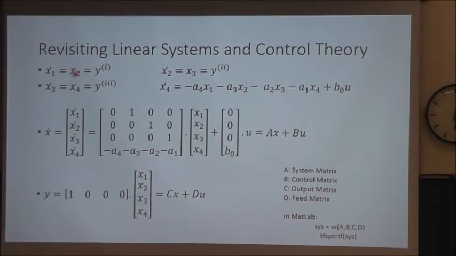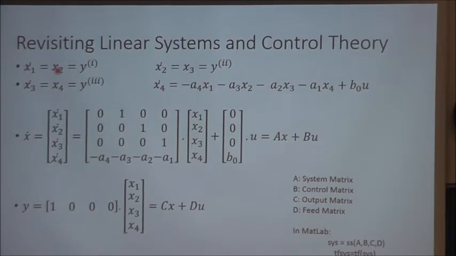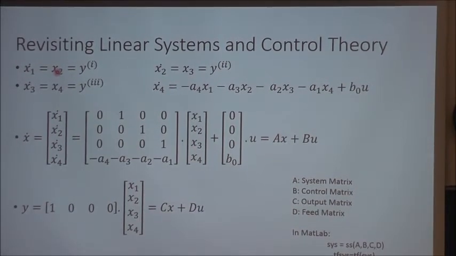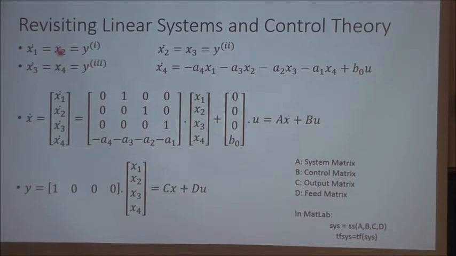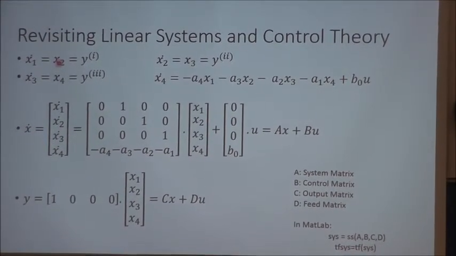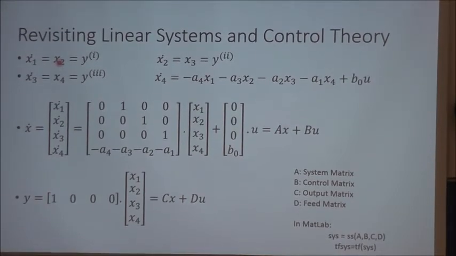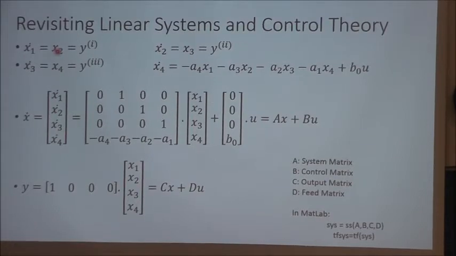In MATLAB, this is the script: system equals ss(A,B,C,D). You know how to enter your A, B, C, D matrices, right? Yeah. And if you're working with a transfer function, if you have something like H, can you see here?